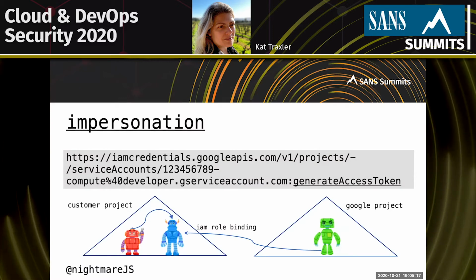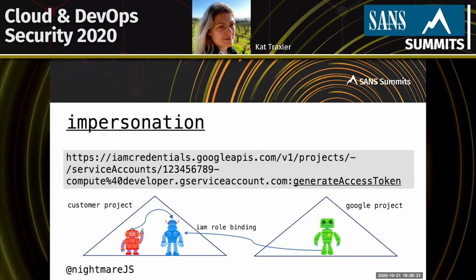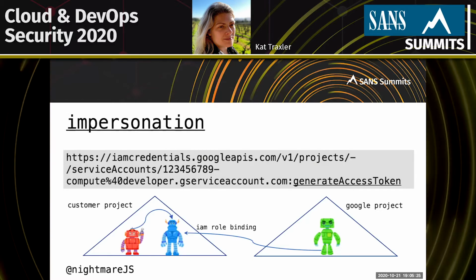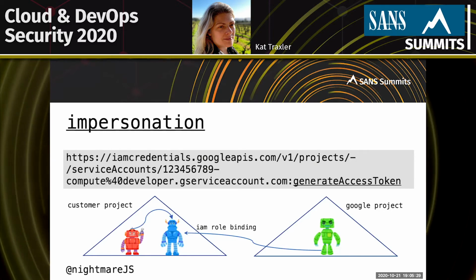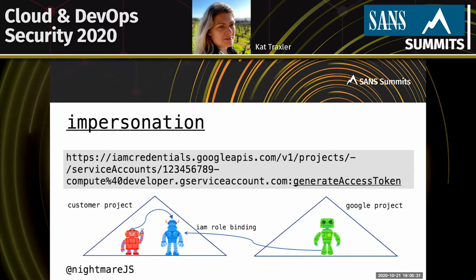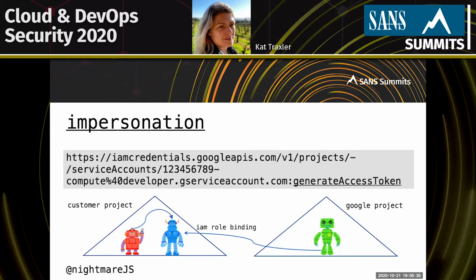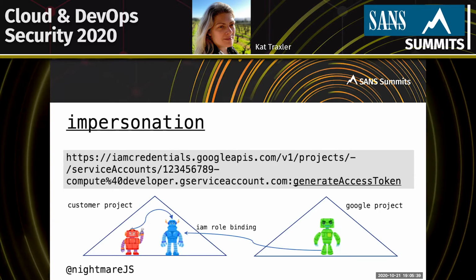One of the glues that holds GCP together is the feature of impersonation. Impersonation is a core platform feature, not a bug. It also complicates the question of who can do what with what resource.